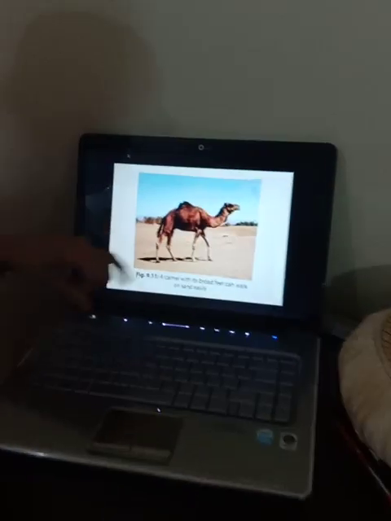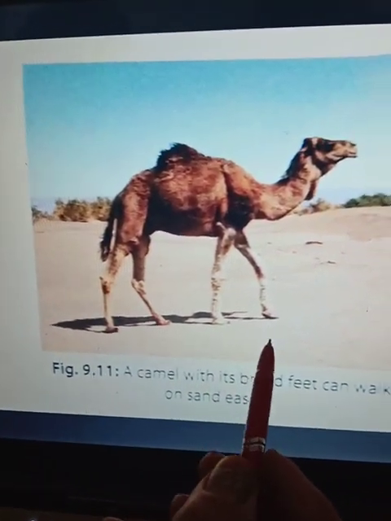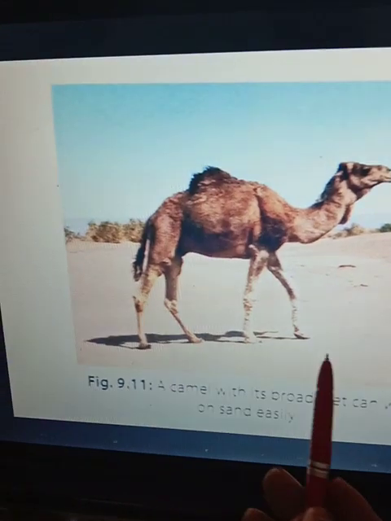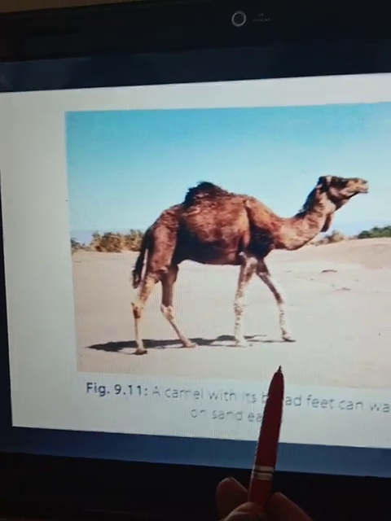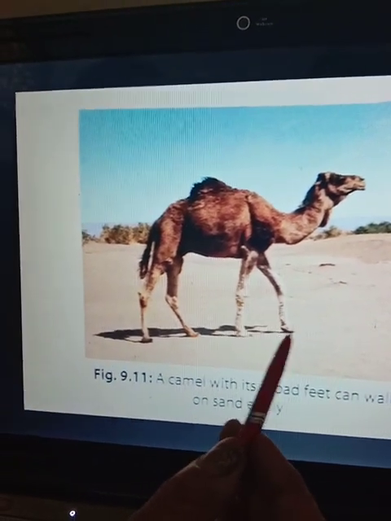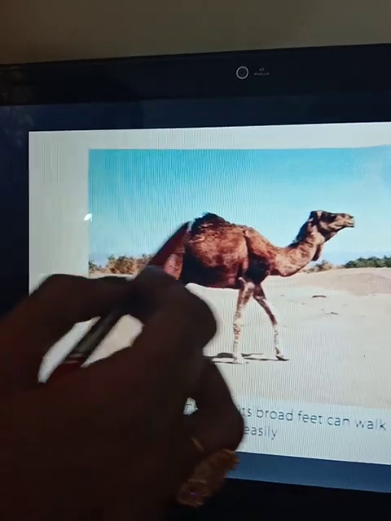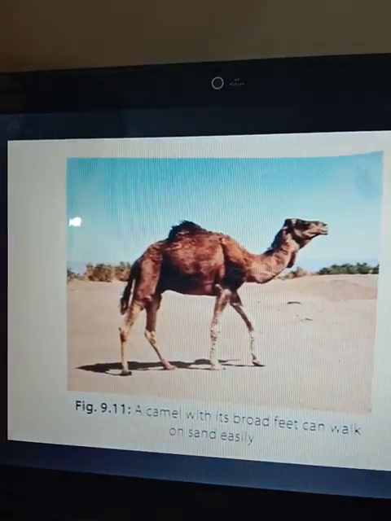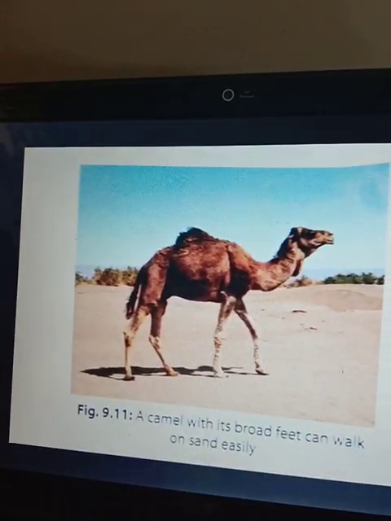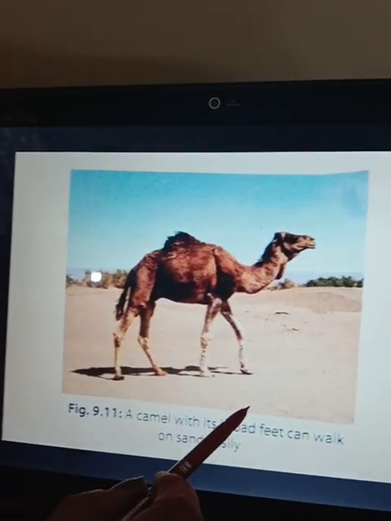Nature has also provided camel with broad paws. You can see here, camel has broad paws, right? These broad paws decrease pressure on the soil due to the heavy weight of the body. It's a large animal, so exerts large force on the soil, right?